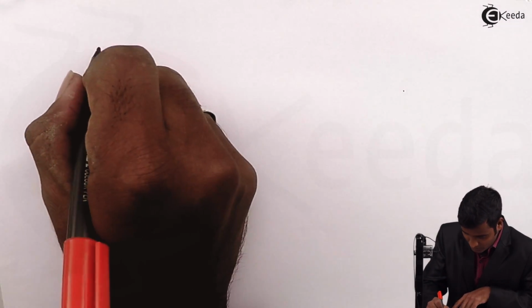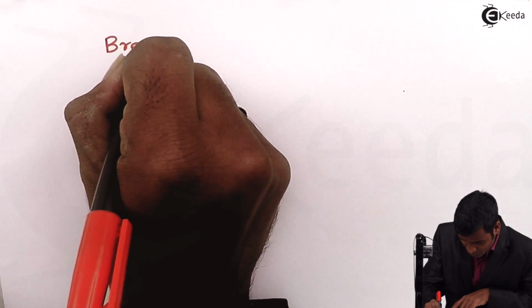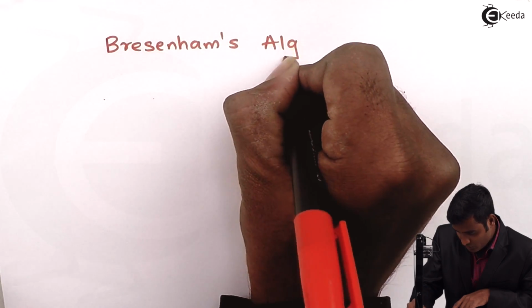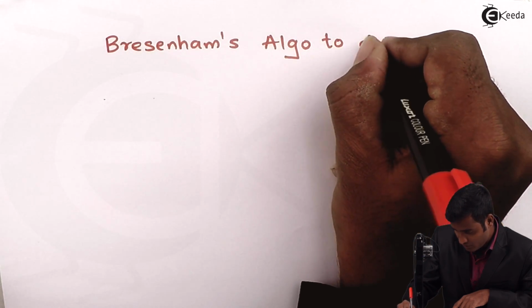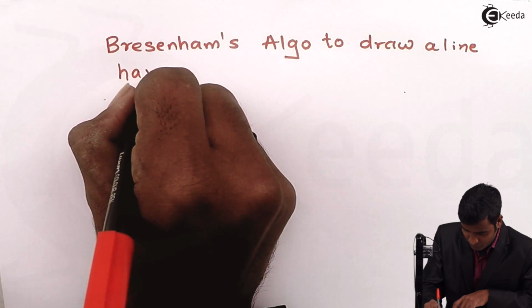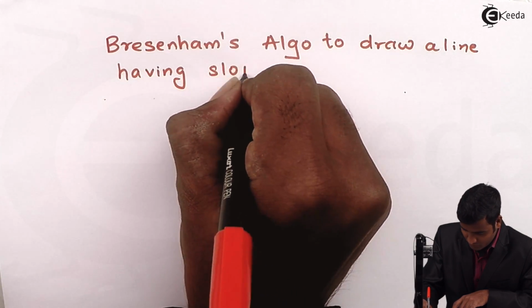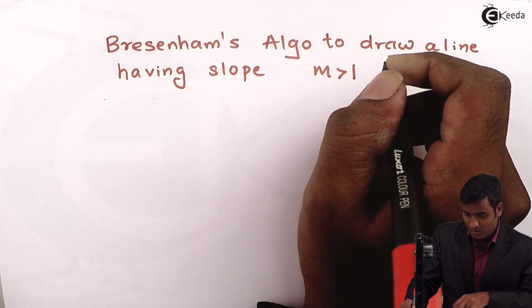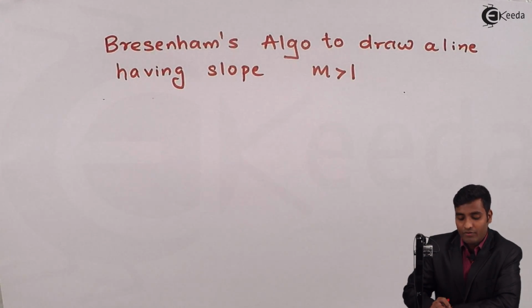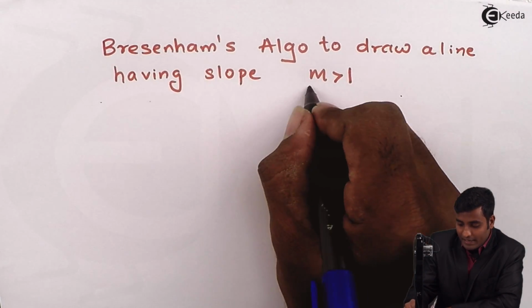So now we will do Bresenham's line generation algorithm to draw a line having slope greater than 1. Previously we have done for slope less than 1, now we will do for slope greater than 1.